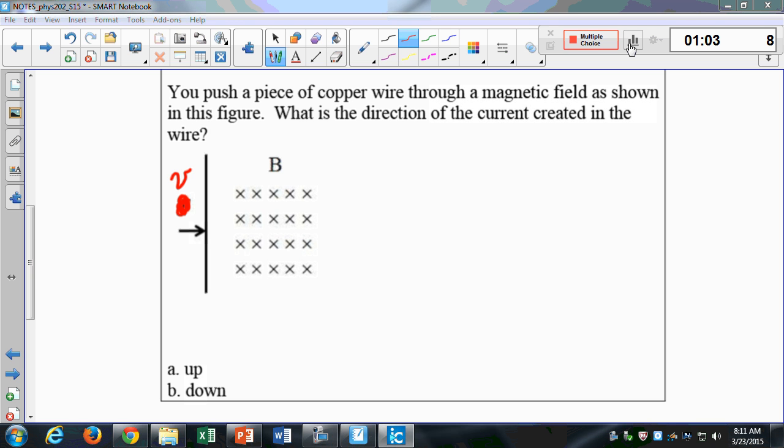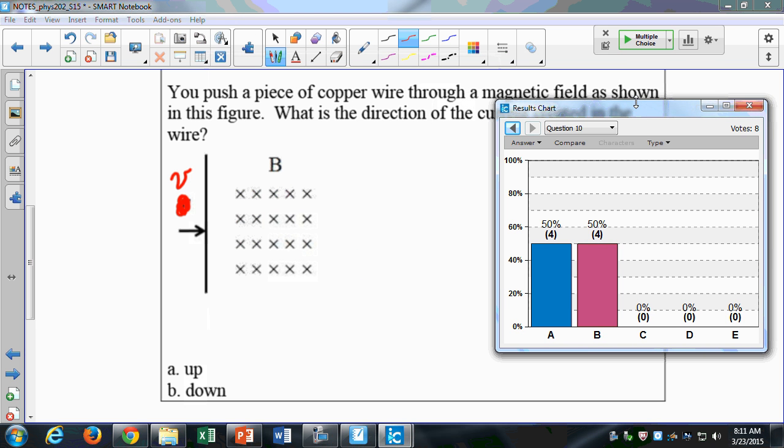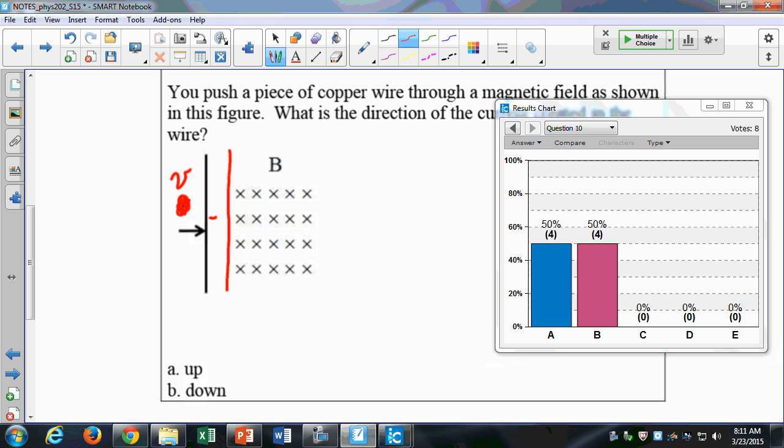I'll stop at 110. I'm not sure if we're thinking about this the same way. All right, we're sort of split. This is the way I think about this, and maybe you are thinking about it a different way. I have this wire, I'm going to sort of make it big, and I imagine that I have positive charges inside of this wire.